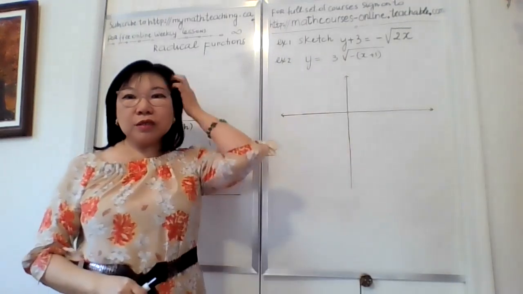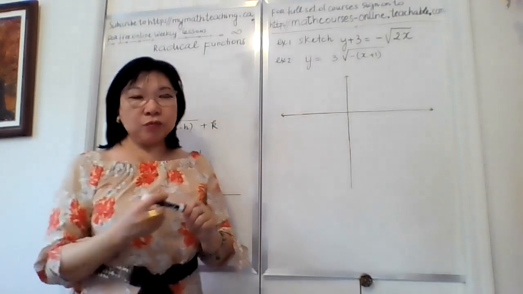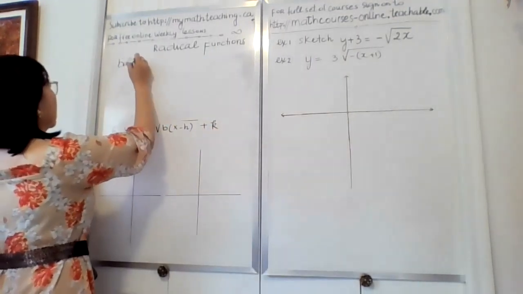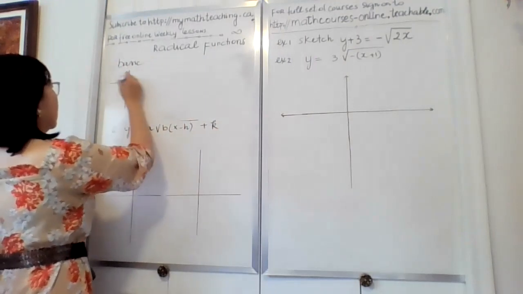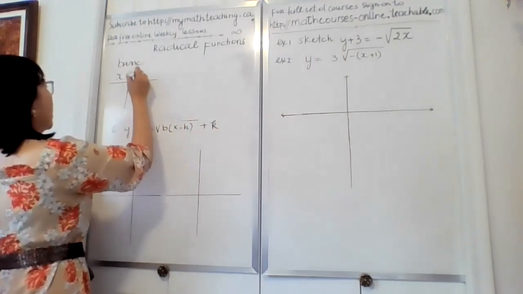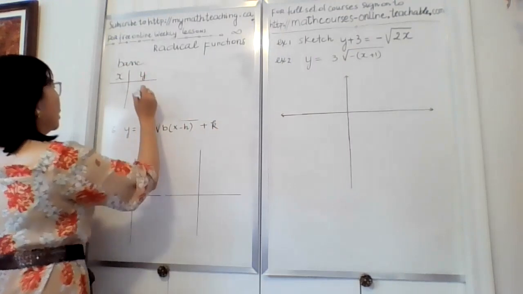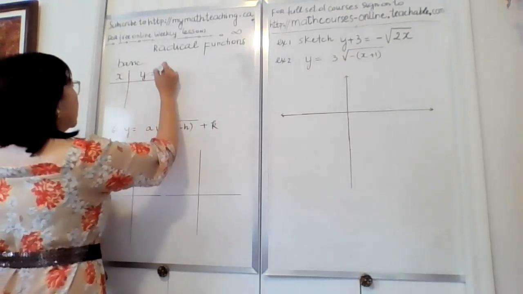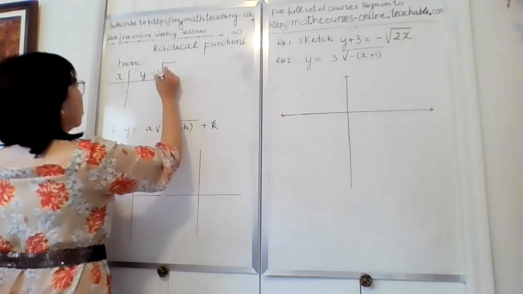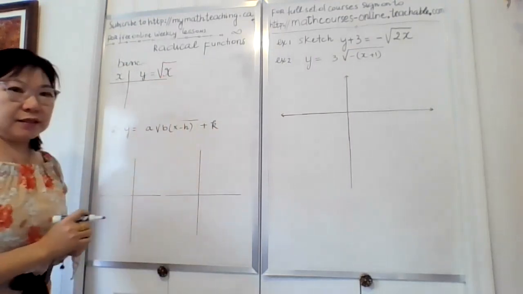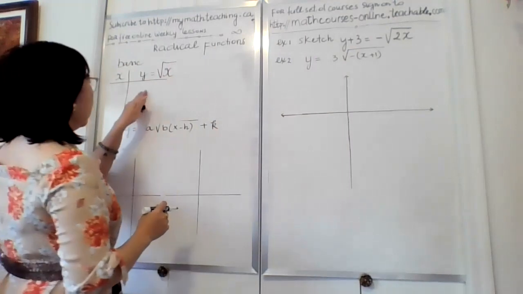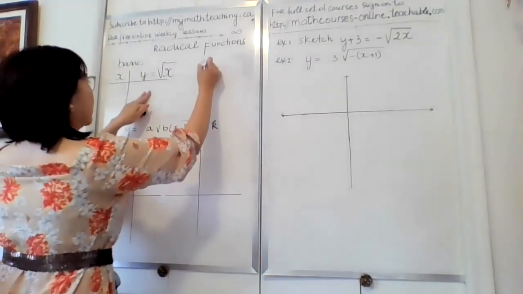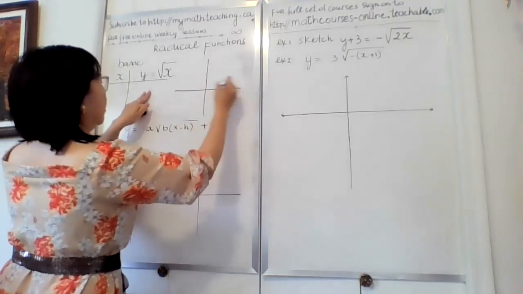Now, if we use a data table, it will work very well for the basic one, right? If we use the table, you will have an x coordinate and the y coordinate. Now let's talk about the first basic one. Let's say y equals square root of x. If we create the table of data, we can sketch it very easily, right?